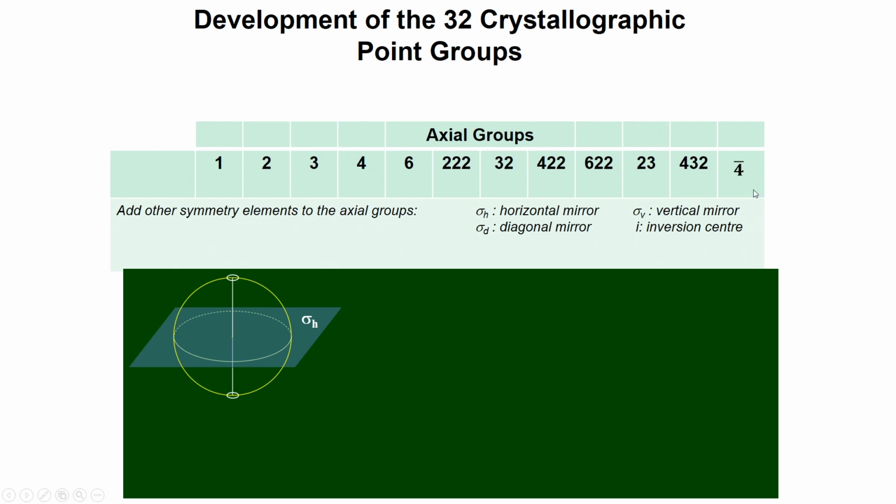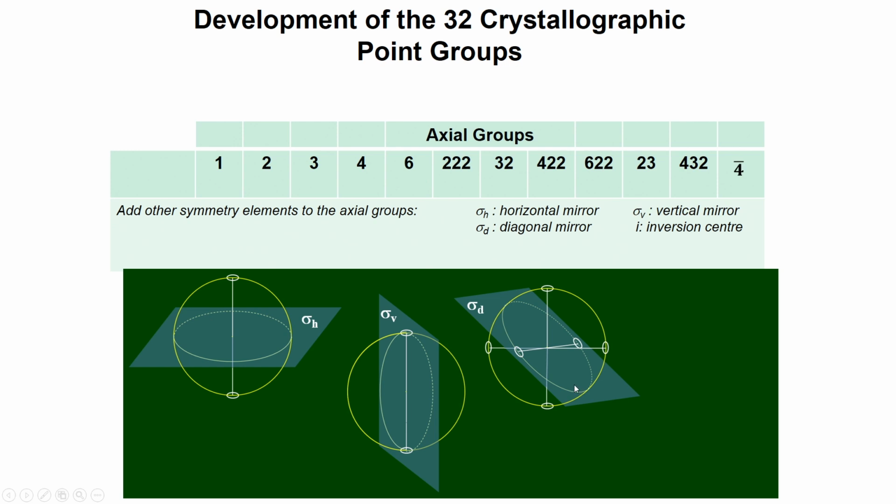Similarly, I can add a vertical mirror. In the case of the vertical mirror, it will be containing one of the primary rotational axes, and this is depicted in this fashion. Now, consider the third mirror, the diagonal mirror. The diagonal mirror would be interleaved between two axes in a fashion like this.